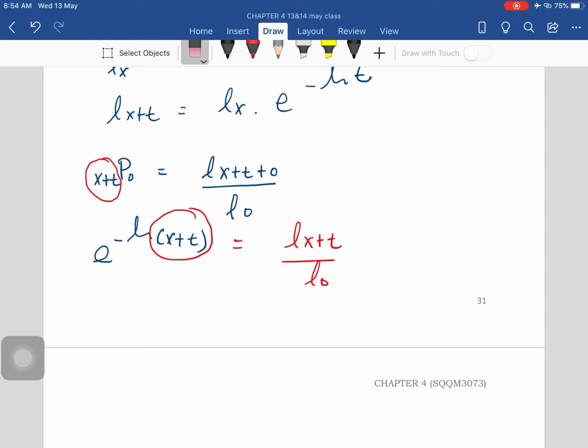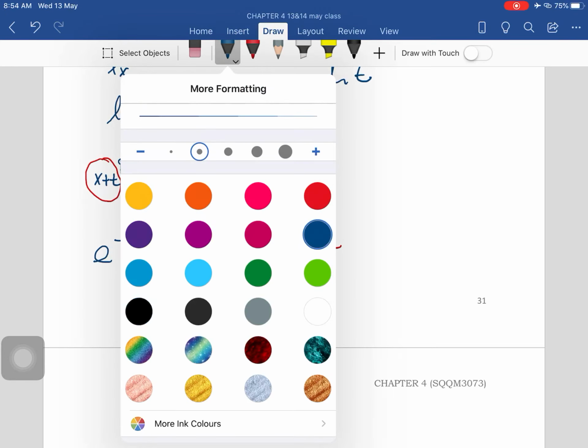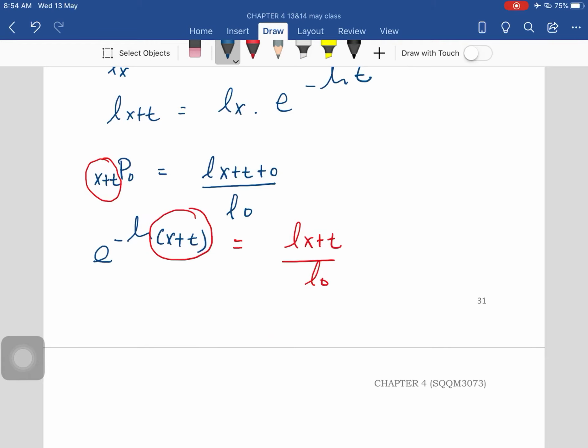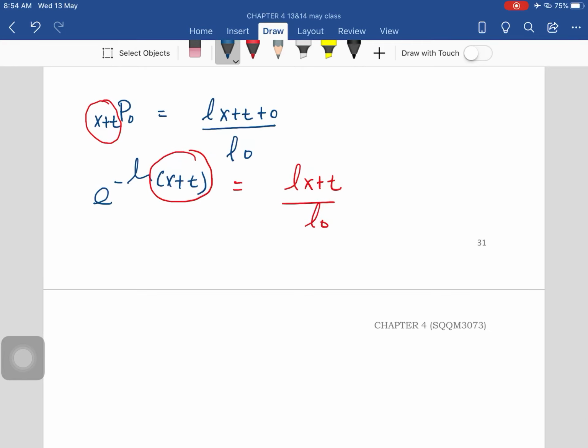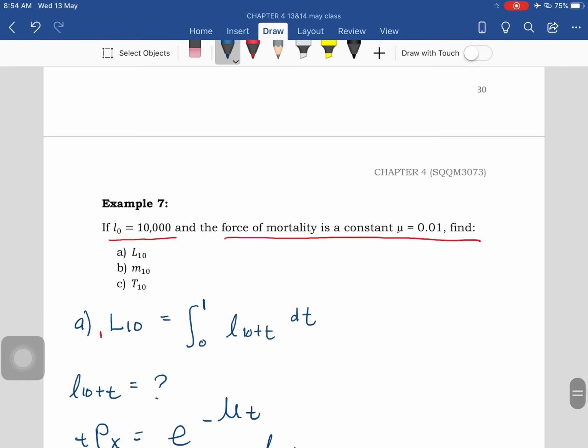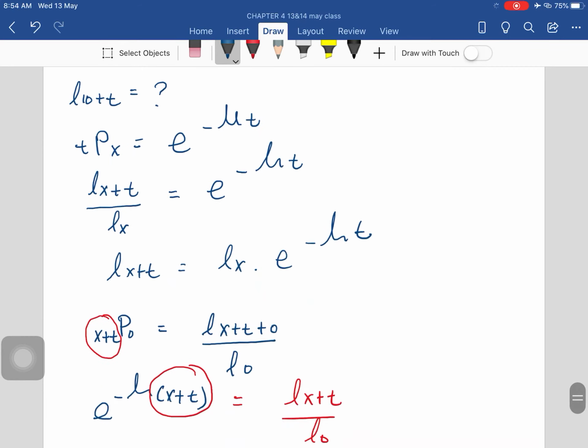Okay, so from here Lx plus t over L naught. In this equation, our constant force of mortality is 0.01. So Lx plus t over L naught is 10,000, so our L naught is 10,000.